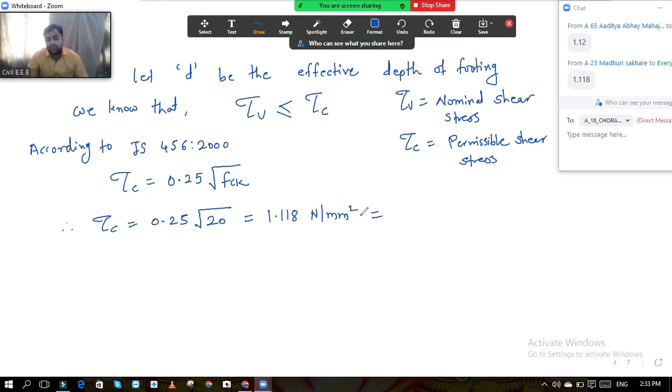Now I will give you a simple task. Convert this Newton per mm square into kilonewton per meter square and let me know the value.